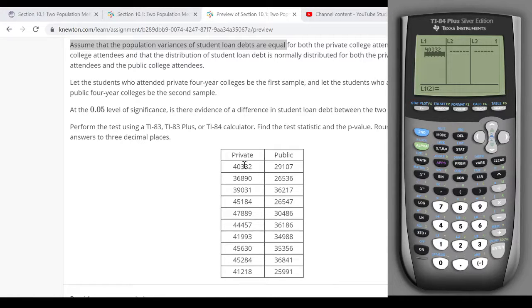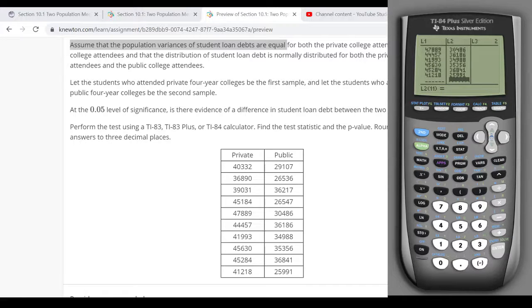I'm going to enter down L1 the private sample, the debts for the 10 private college students. And then down list L2, a separate list, I'm going to enter the 10 public college student debts. I'll be back when I have all those.